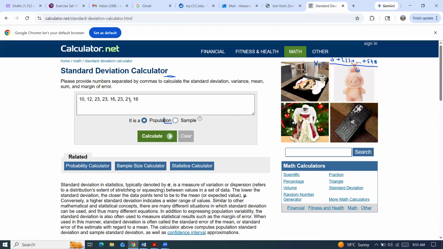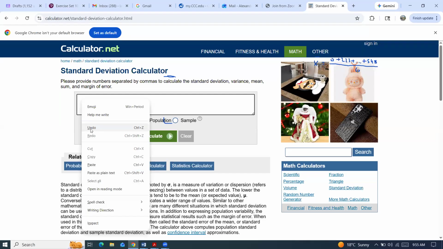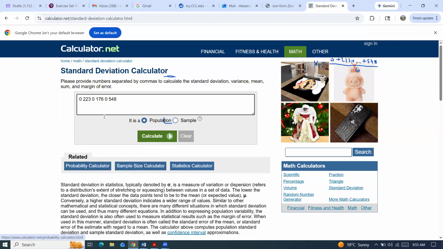When I select the first choice, I get rid of whatever they offer here as an example, and right click my mouse and paste the data into that calculator. I need to separate my numbers with commas, so I'm going to put commas after each number in this sample.